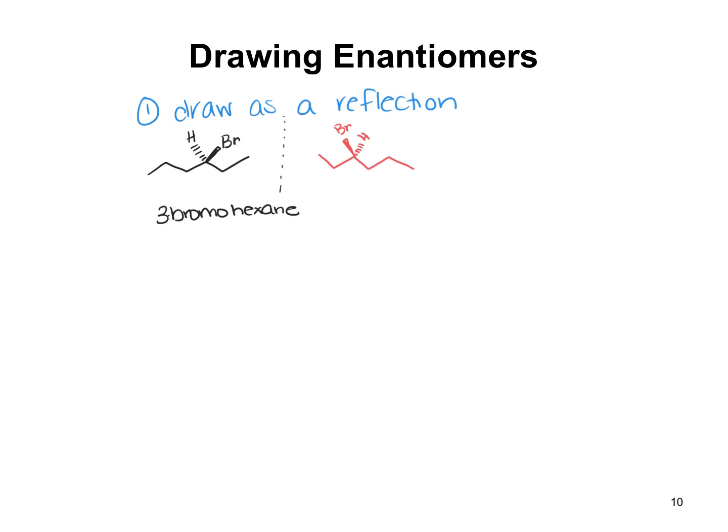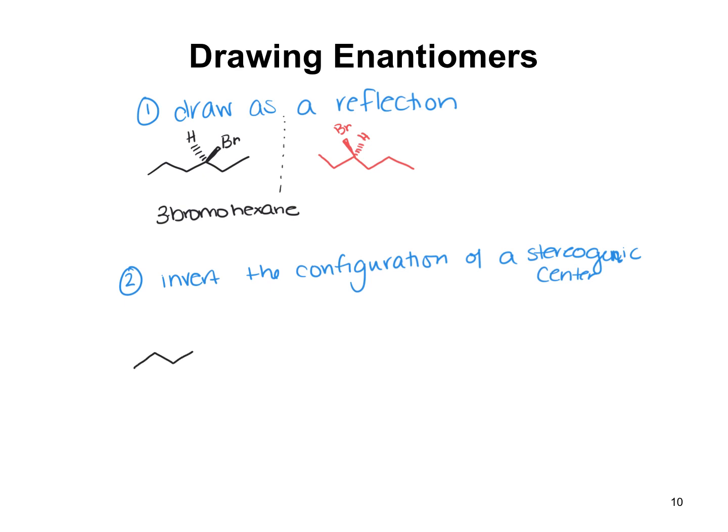The second way to do this is to invert the configuration of a stereogenic center. Okay, so when you do this, we have, for example, the 3-bromohexane again.